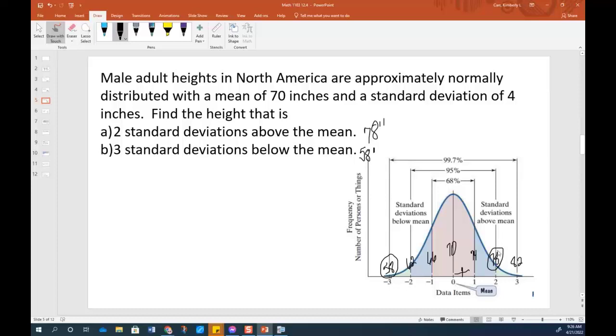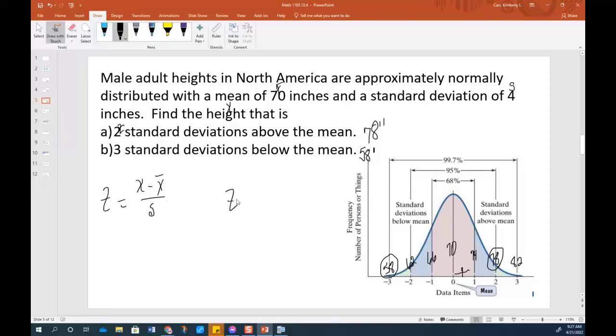Now, if you don't want to label them all, there is certainly a formula, because if you need to get a height, which we would call a particular value, and this is the mean, and this is our standard deviation. This is z-scores over here. The z-score is found by taking a value minus the mean and dividing it by the standard deviation.